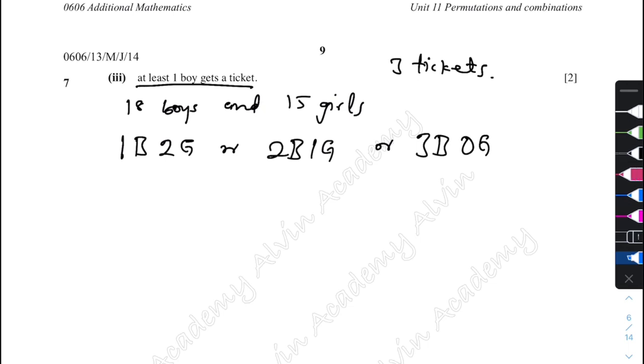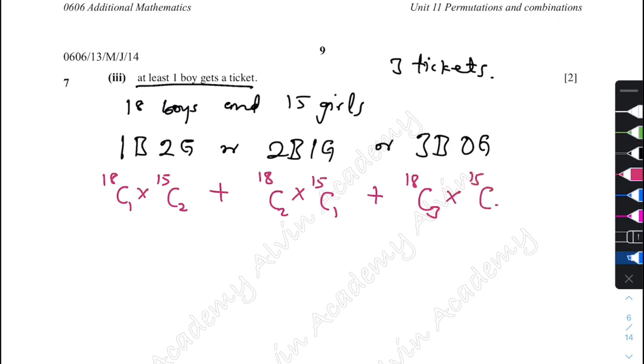Now let's do the first case. If 1 boy, that's 18 combination 1 times 15 combination 2, plus the second case, where out of the 18, 2 boys get it and out of the 15, 1 girl, plus out of the 18, 3 boys get it and out of the 15 girls, no one gets it. 18 combination 1 times 15 combination 2 gives us 1890, plus 18 combination 2 times 15 combination 1, which gives us 2295, plus 18 combination 3 times 15 combination 0, giving us 816.